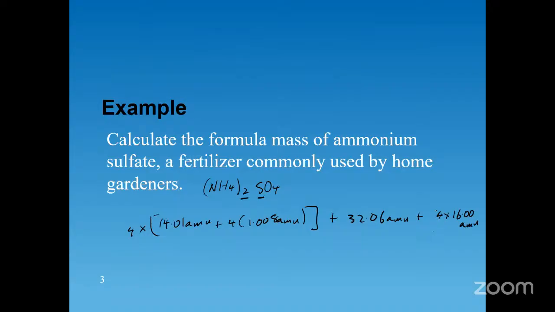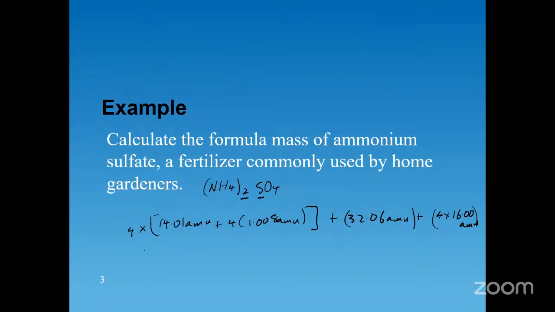All right, so that's basically how that is set up. So let me work this out. It's 4 times 1.008 plus 14.01, and then I'm going to multiply all of that by 4. And then I'm going to add to that 32.06, and then I'm going to add to that 4 times 16.